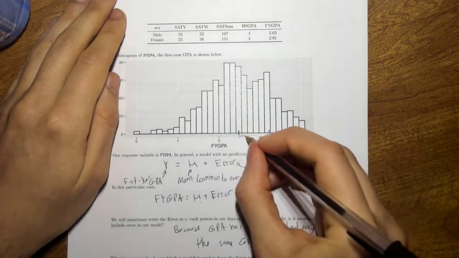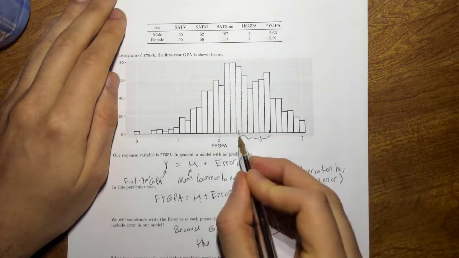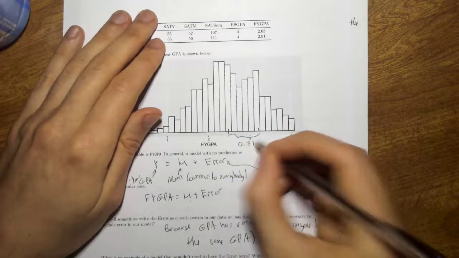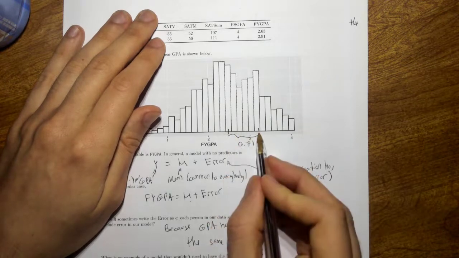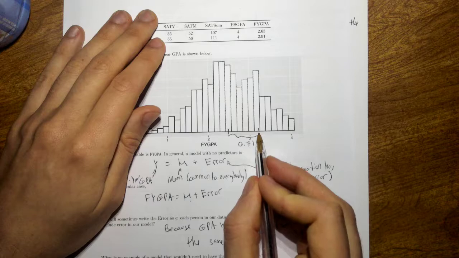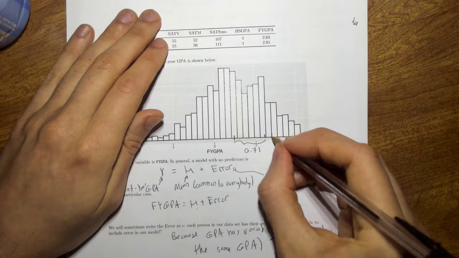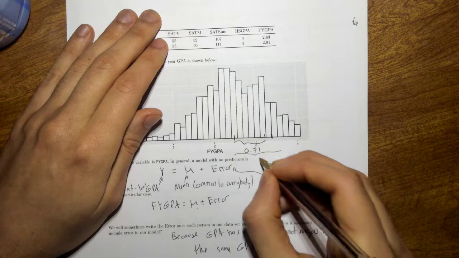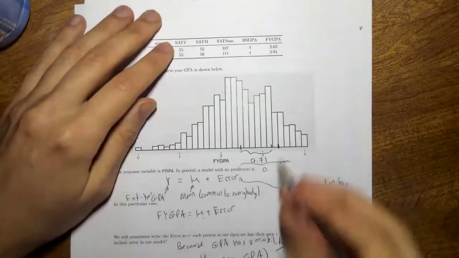The residual is just the distance between that fitted mean and what's actually observed. For this case, it was 0.71. So the distance between here and here, if I drew the marks correctly, should be 0.71. For the second student, her GPA was 3.33, so I'm going to mark that about there. And then that distance should be 0.86.